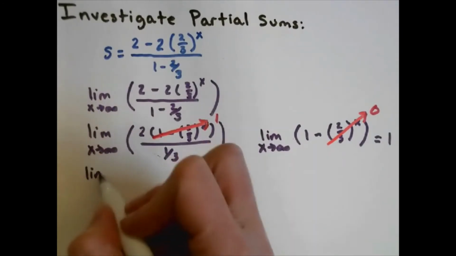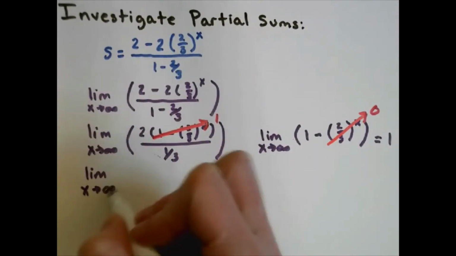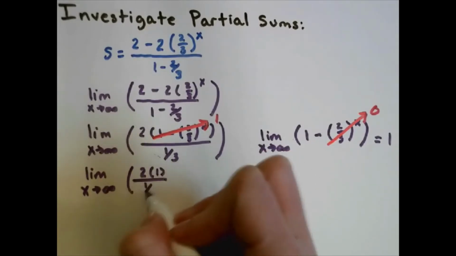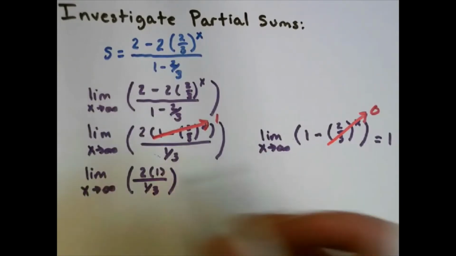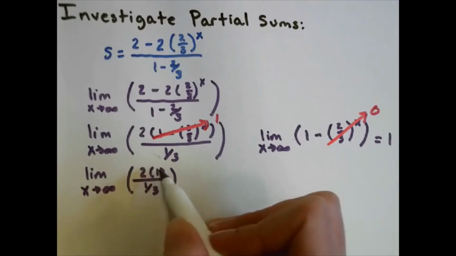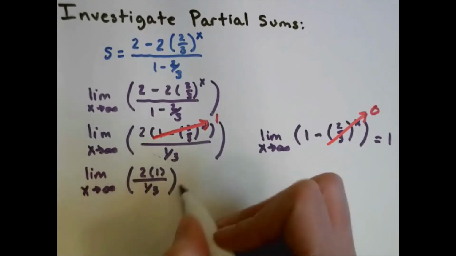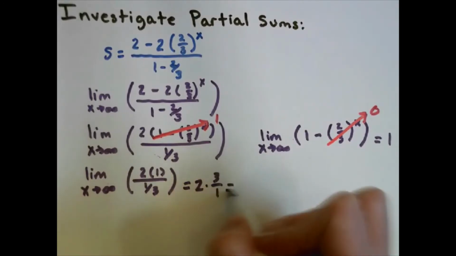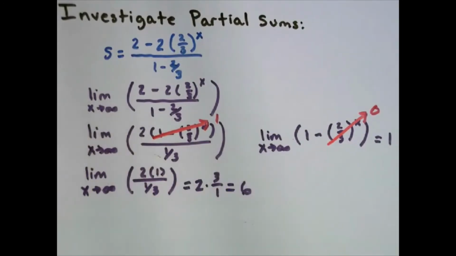So that's going to leave me with the limit as x goes to infinity of 2 times 1 over 1/3. And that's all just a number. So 2 times 1 is 2, divided by 1/3 is the same as multiplying by 3, which gives me 6.